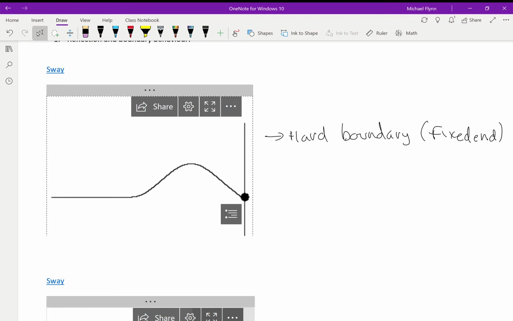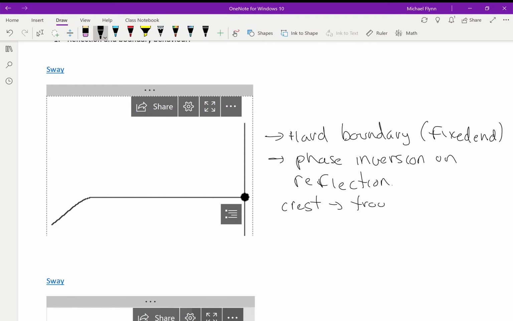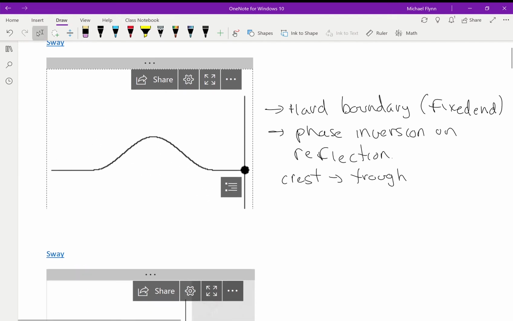Like it's fixed to the wall, the end of the string, and we get something called a phase inversion on reflection. So a crest, for example, becomes a trough. And that is hard boundary or fixed end reflection.